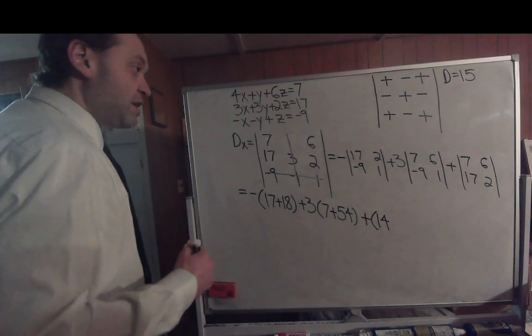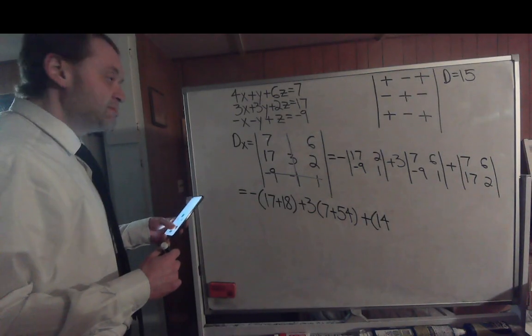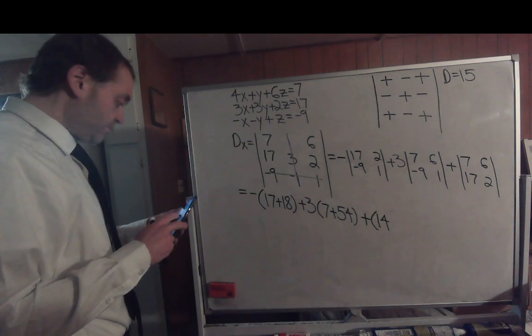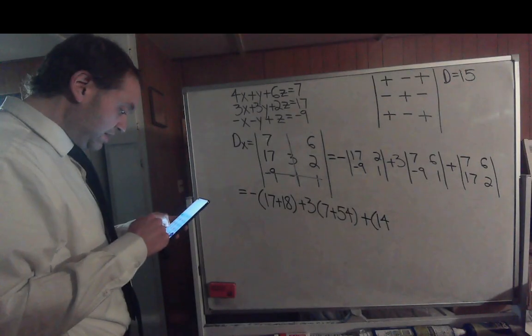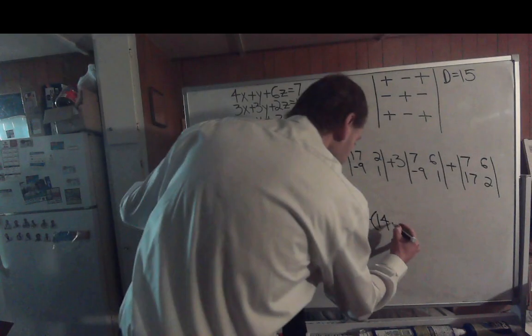And then you have plus the final determinant, which you have 7 times 2 is 14, minus 6 times 17. Let's figure out what that is. I don't know offhand. I think it's 102, but let me be sure. It is, so it'll be minus 102.